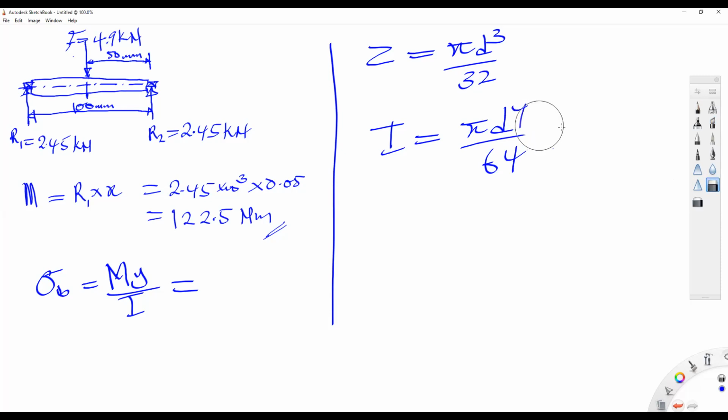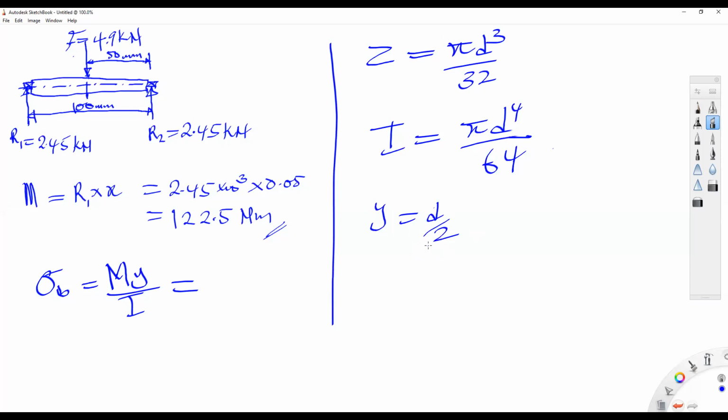You people have to revise your strength. So pi d exponent 4 over 64. But we know y in this case to be equal to d on 2. Is that correct?